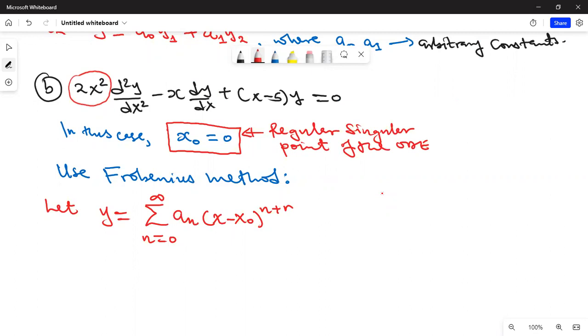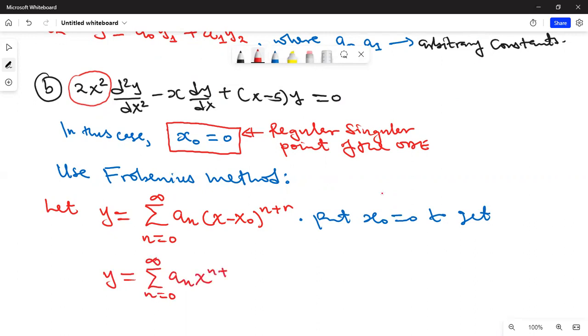But we have said x naught is equal to 0, so you put x naught equals 0 to get y equals the sum from n equals 0 to infinity of a_n x raised to n plus r, and a naught cannot be equal to 0.